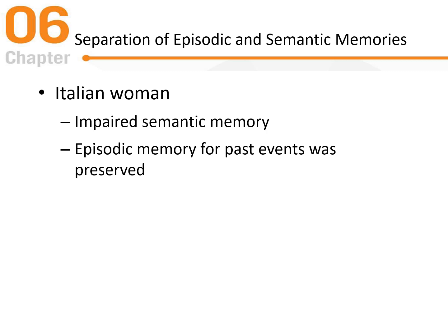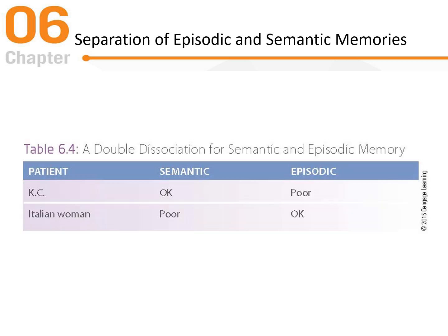So in this case, we have another double dissociation. With KC, his semantic memory is okay, but he has poor episodic memory, and our Italian woman has the exact opposite issue. She has poor semantic or factual knowledge memory, but she knows about past personal events in her life, so her episodic memory is okay. So again, we have this double dissociation, evidence supporting that semantic memory and episodic memory happen in different areas of the brain.